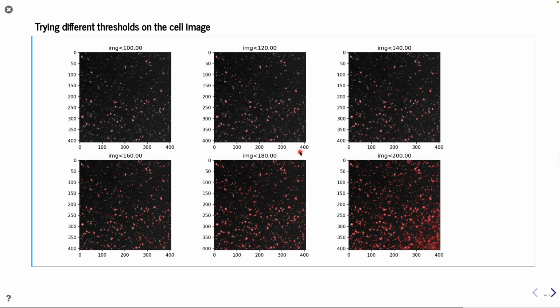We set different levels. Here we have 100 up to 200, and what you can see is here you lose quite many of the cells in this corner. Still, this one may be okay. And when you increase the threshold, you can see that there is really a trend diagonally from the upper left to the lower right.